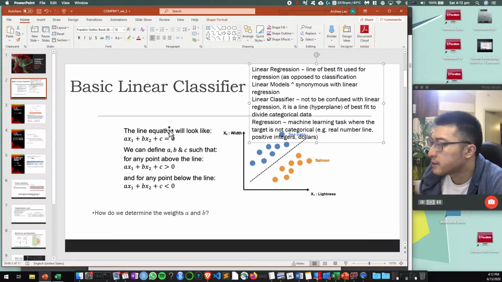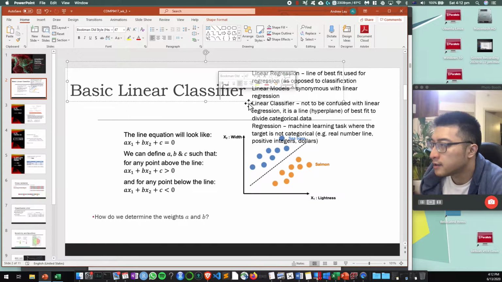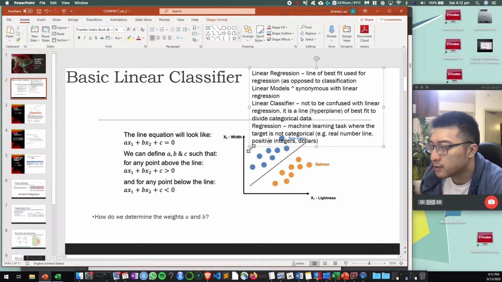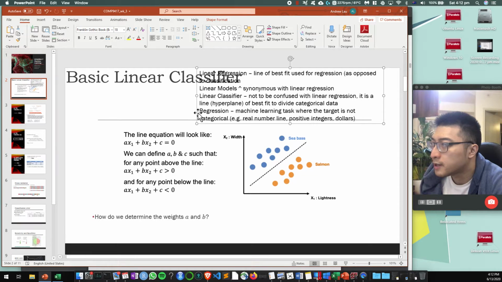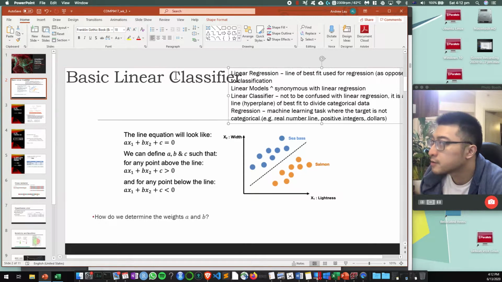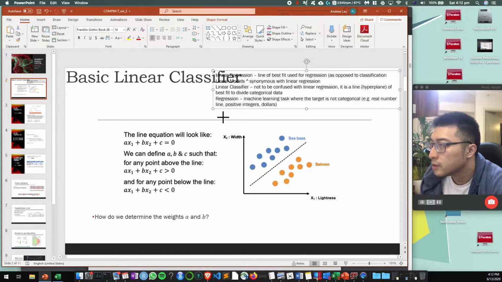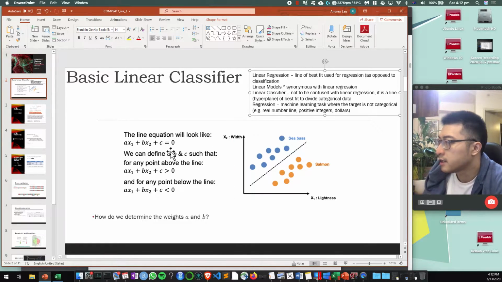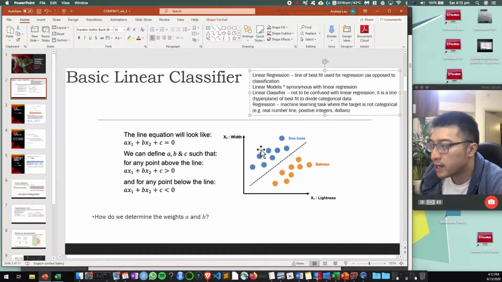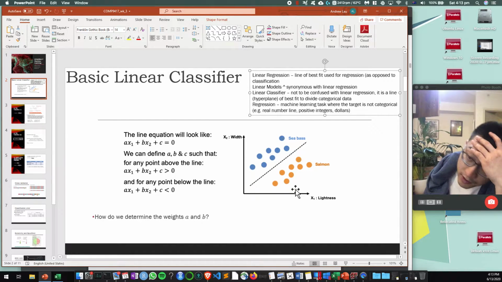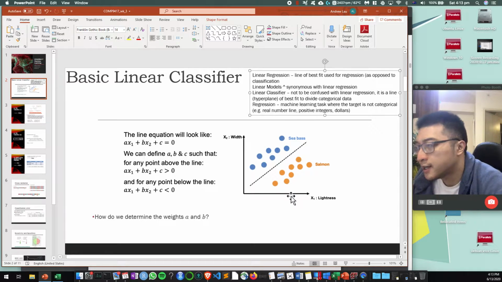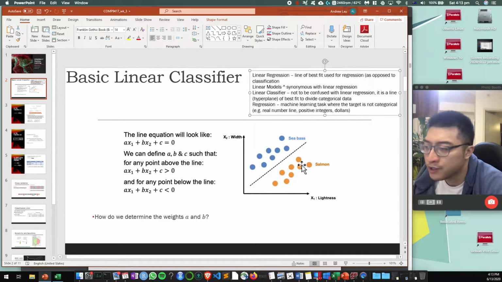Okay, cool. So I'll talk about the linear classifier here. Right, so in this example, say you have a bunch of data. These are two species of fish.